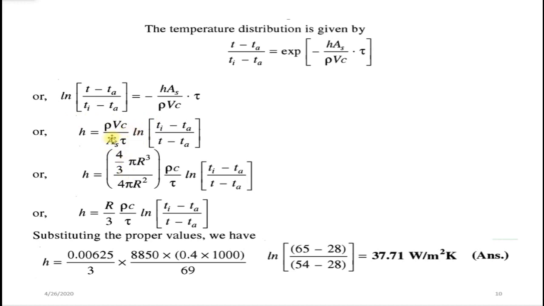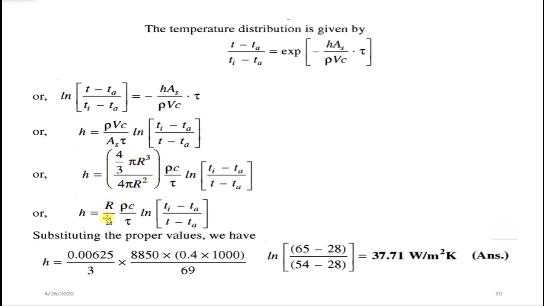If you simplify V by A, V is the volume of the sphere, 4 by 3 pi r cube, divided by the surface area of the sphere, 4 pi r square. You can directly write it because it is the Lc value: the characteristic length for a sphere is r by 3.